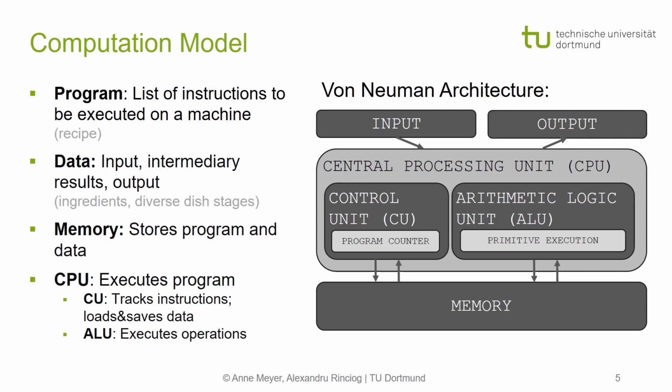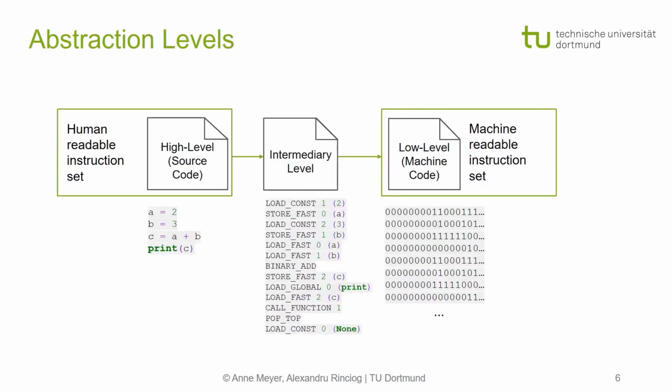And the processor in and of itself is actually pretty stupid. The control unit just loads stuff for the arithmetic logic unit to execute, and the arithmetic logic unit can only execute simple operations, addition mainly and multiplication. All right, why am I telling you all of this? Because you need to know how you get from code that you can understand to what the machine understands, which is just binary language.